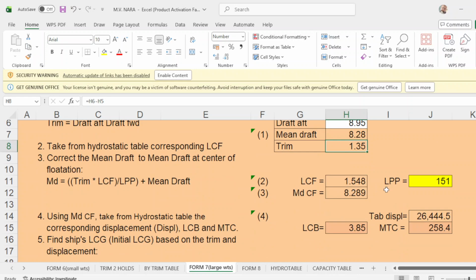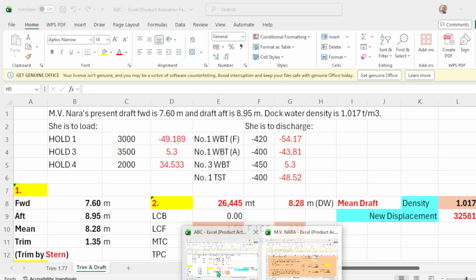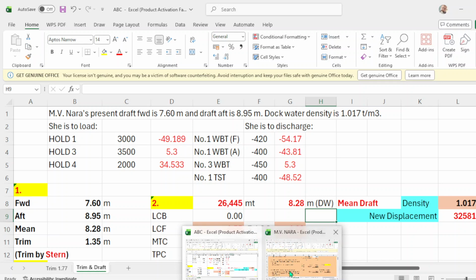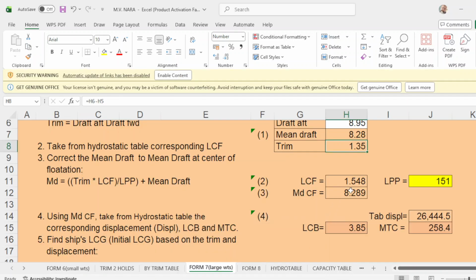Our LPP is 151. So that's number 2. You only look for LCF. So in number 2, we're just looking for the LCF, which is 1.55. According to the program, LCF is 1.55. So I already ran it.